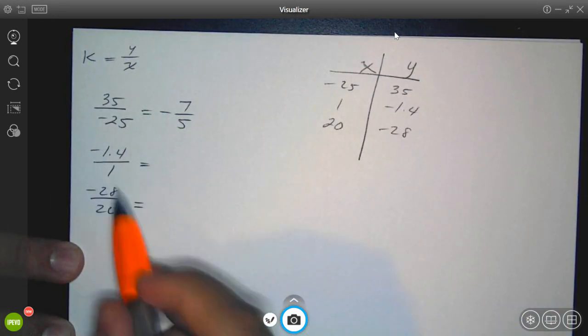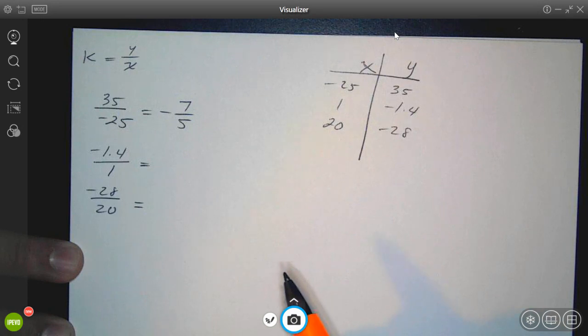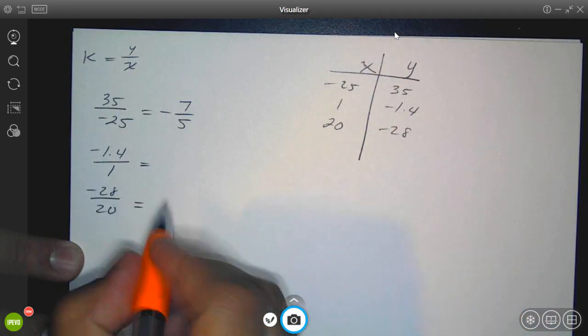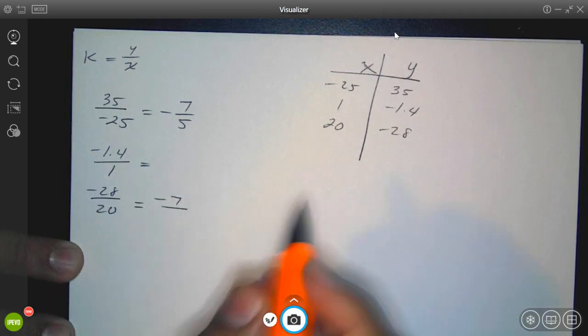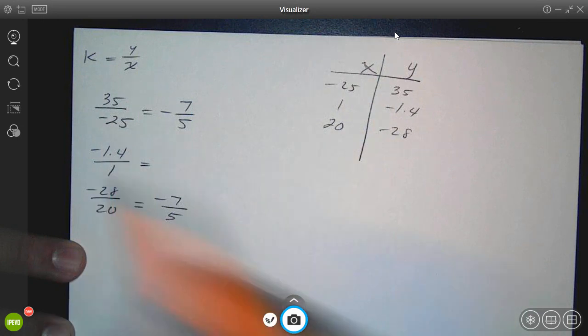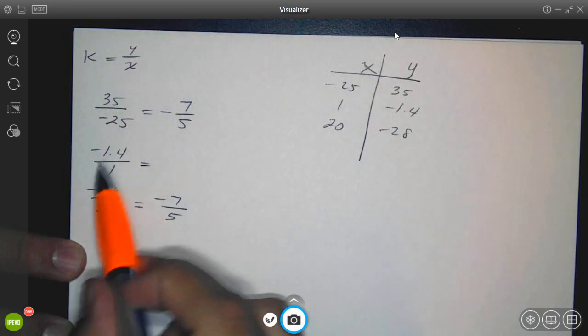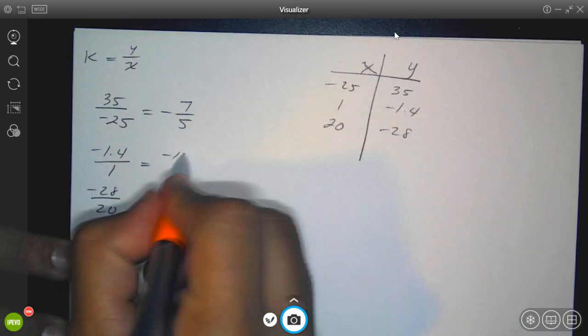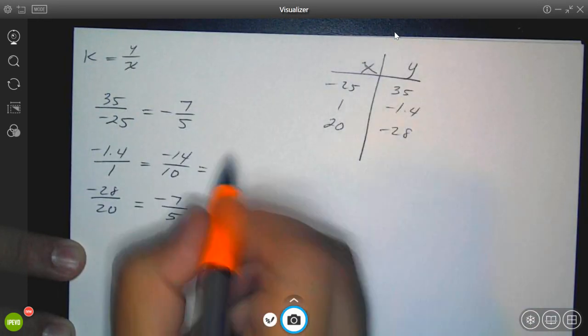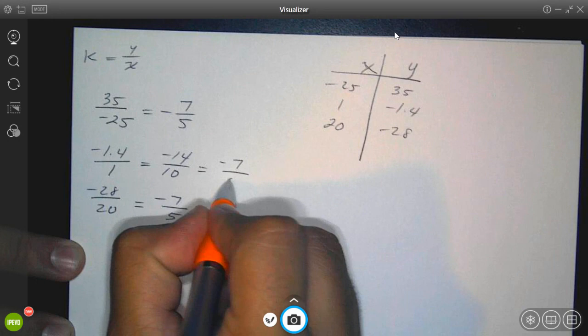Here, I am left with a common factor of 4, which is a negative 7 over 5. And lastly here, I can multiply both of these by 10 to get a negative 14 over 10, which again, when I simplify this, gives me a negative 7 over 5.